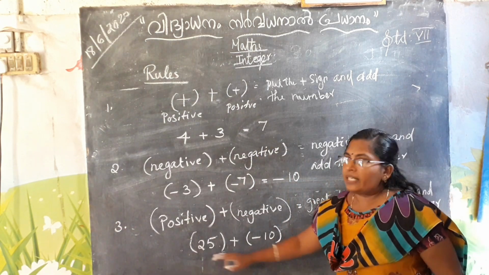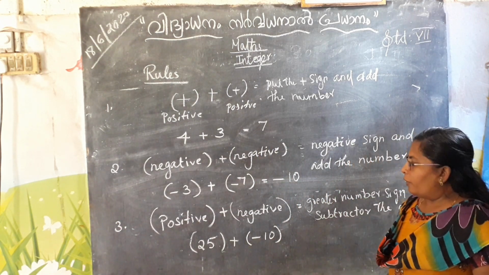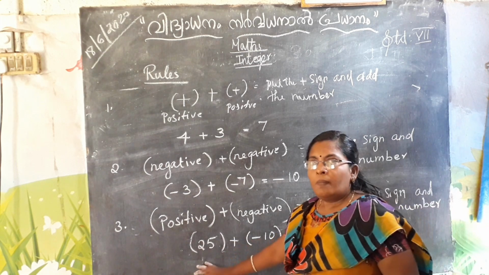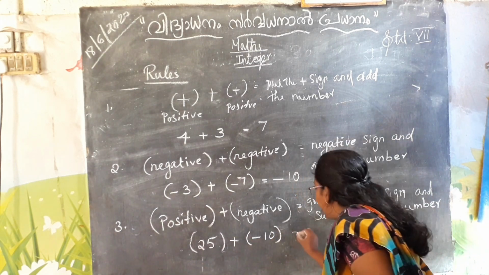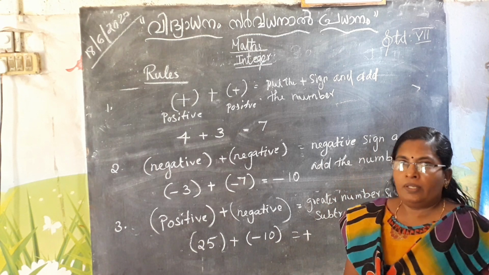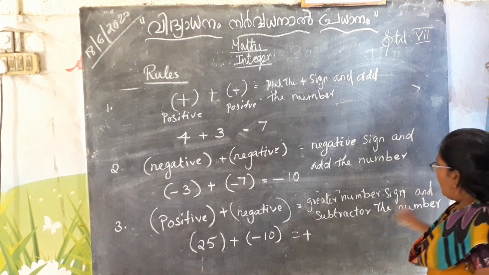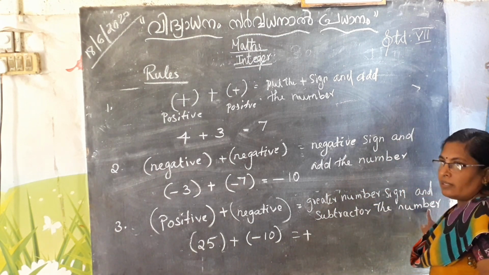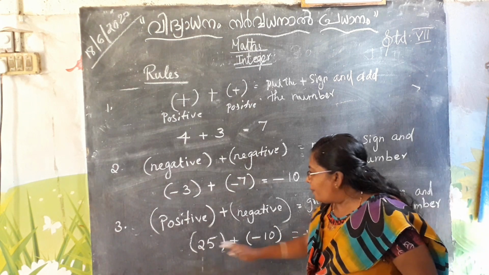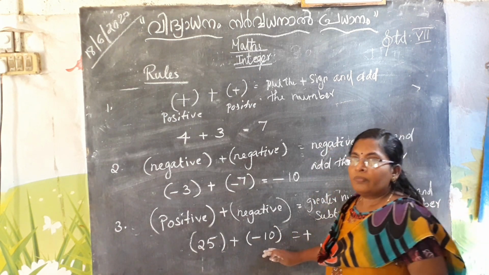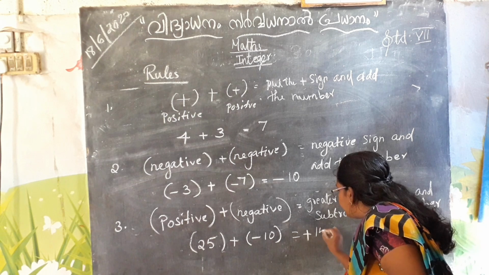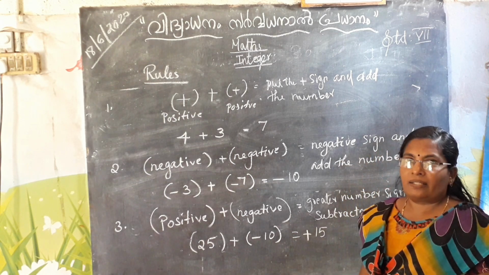Here which is the greater number? 25. What is the sign? Positive. Write the positive sign. Next, what? Subtract the numbers. 25 minus 10? 15. This is the answer.